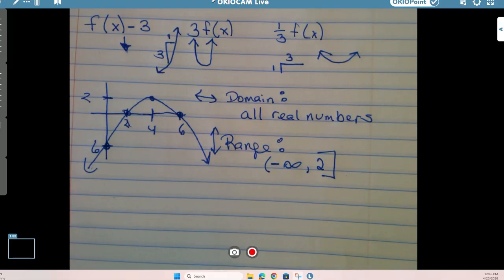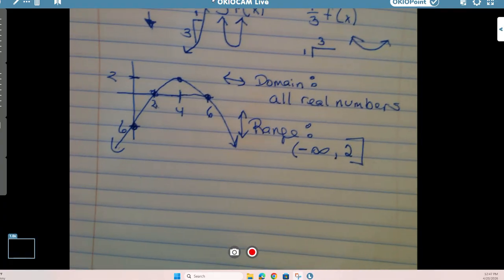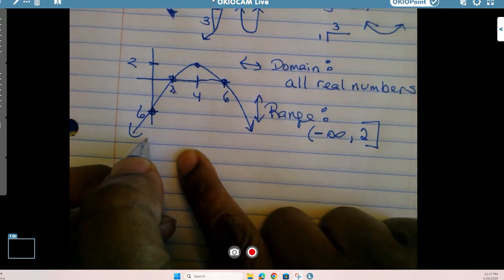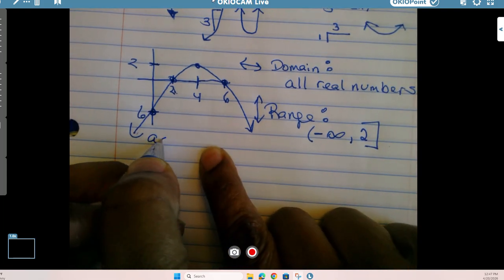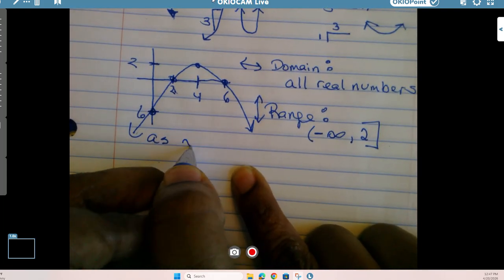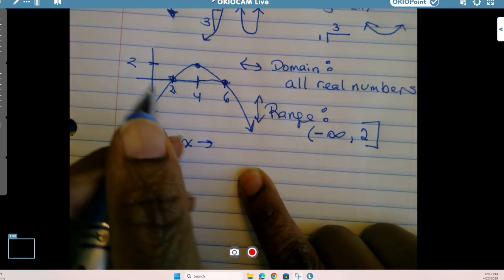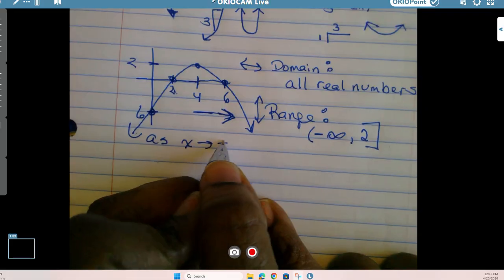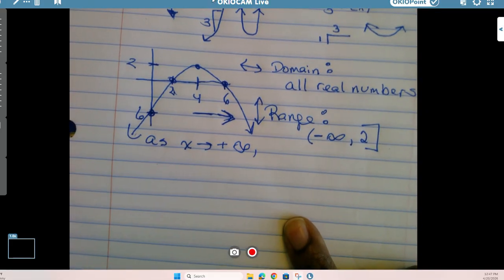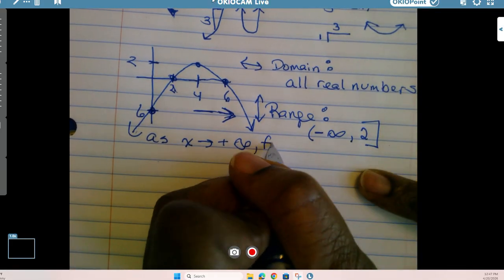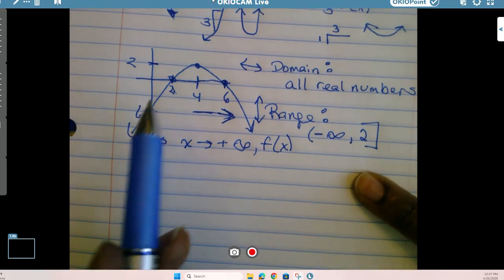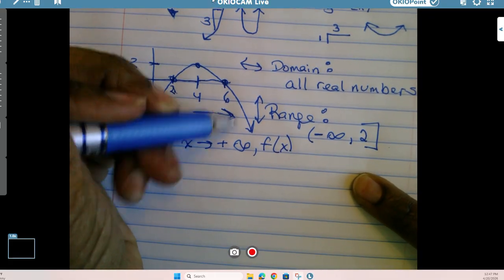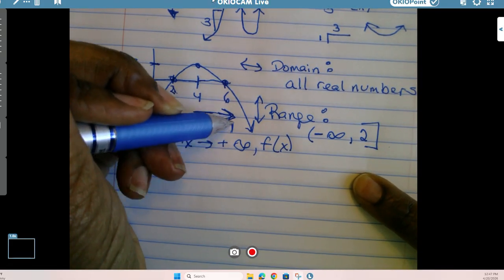Now y'all know we can't talk about the characteristics of the functions without talking about the end behaviors of the graph. So the end behaviors of this graph: as x approaches positive infinity this way, y, which I'm going to write as f of x, is approaching negative infinity this way.